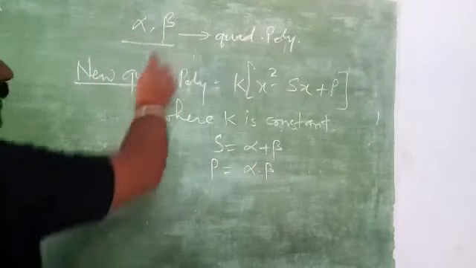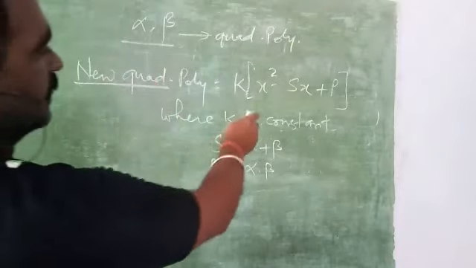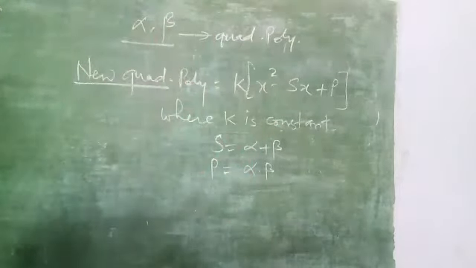So if the zeros alpha and beta are given, then we can find out the polynomial whose zeros are given.